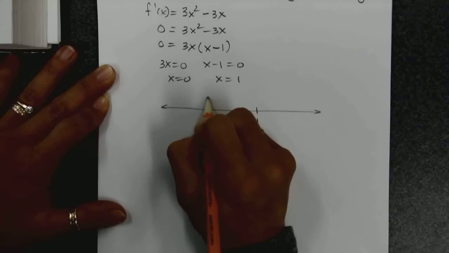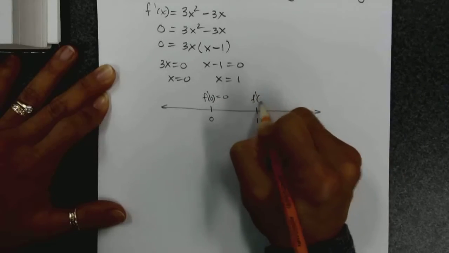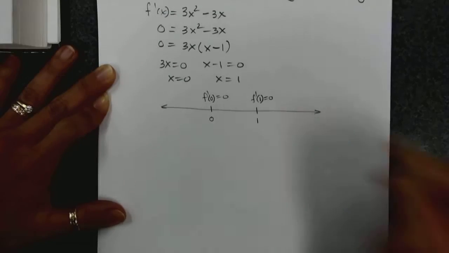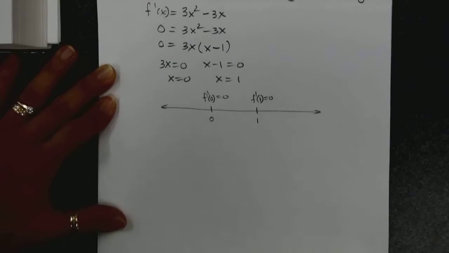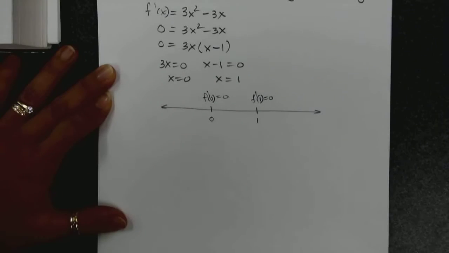So we know that f prime of 0 is equal to 0 and f prime of 1 is equal to 0. So we're going to test some points on either side of the critical numbers.